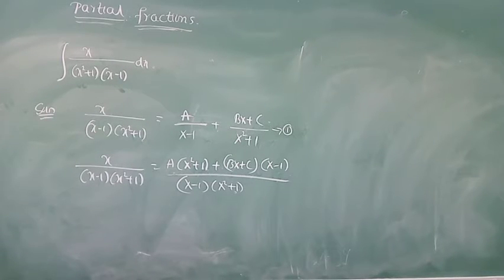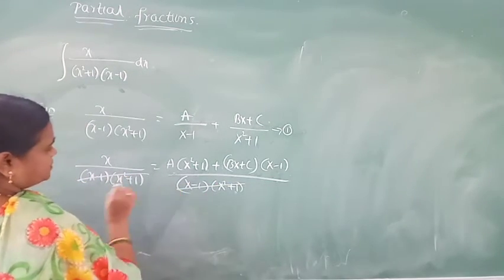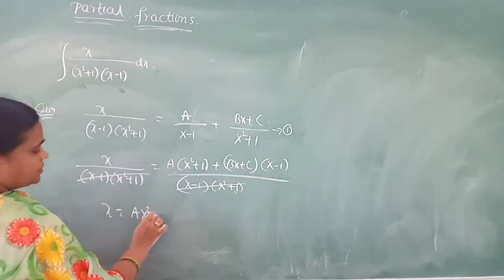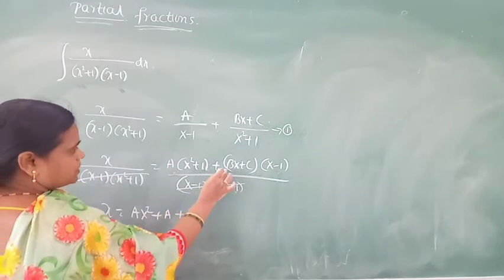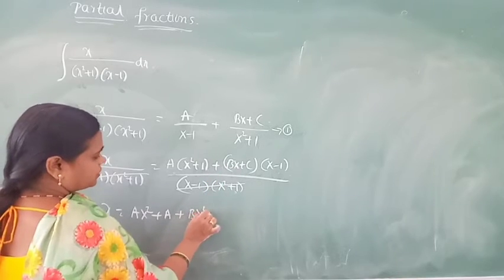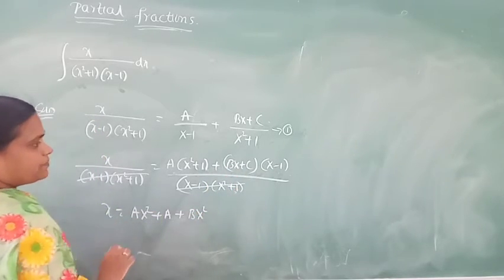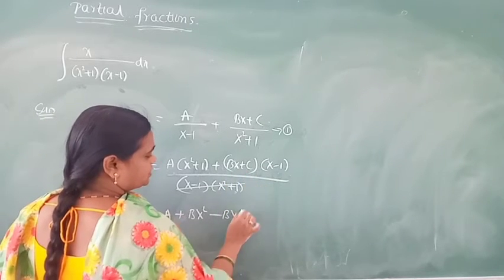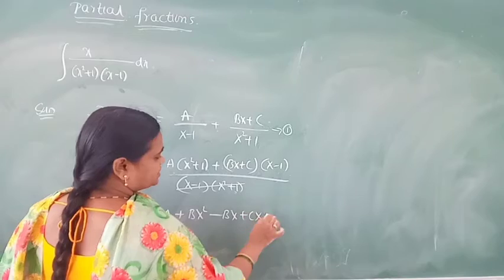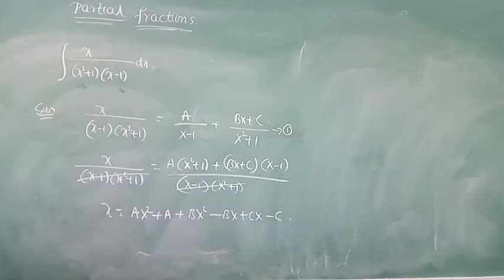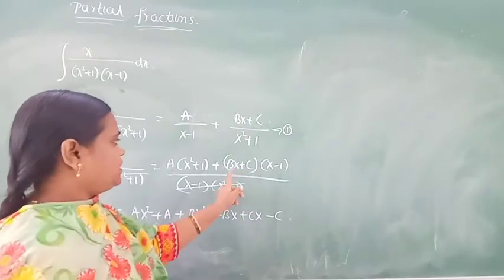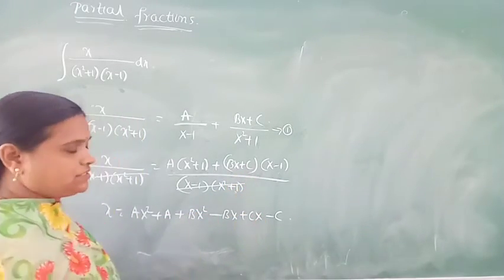Okay, x minus 1 gets cancelled. x multiplied: a into x square plus a, plus bx into x, bx square, plus into minus bx, cx minus c, correct? Ax square plus a, bx square minus bx, cx minus c.